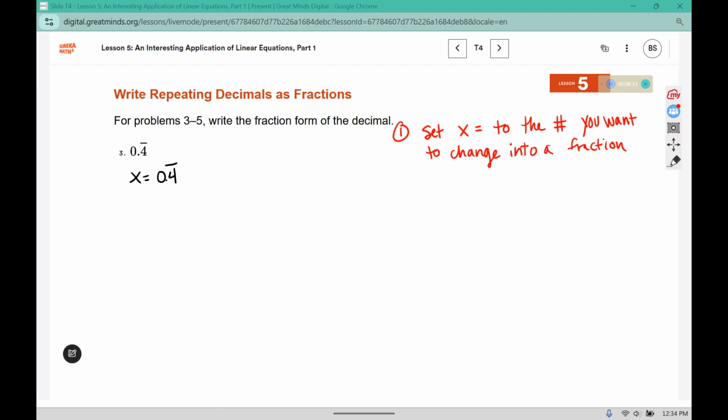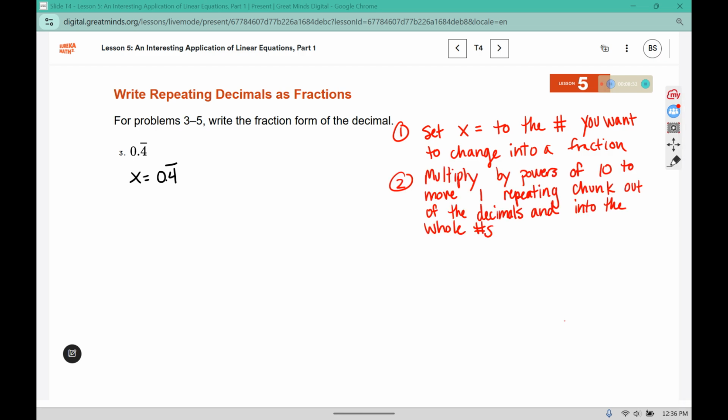Then we are going to multiply until we get one set of the repeating decimal outside of the decimal place. So the way I do that is multiply by powers of 10 to move one repeating chunk out of the decimal and into the whole numbers.